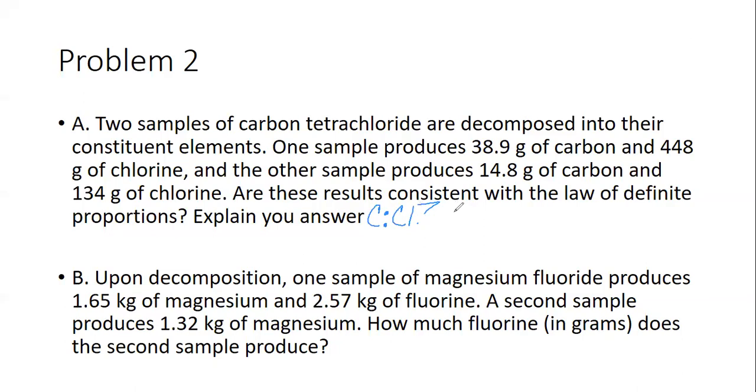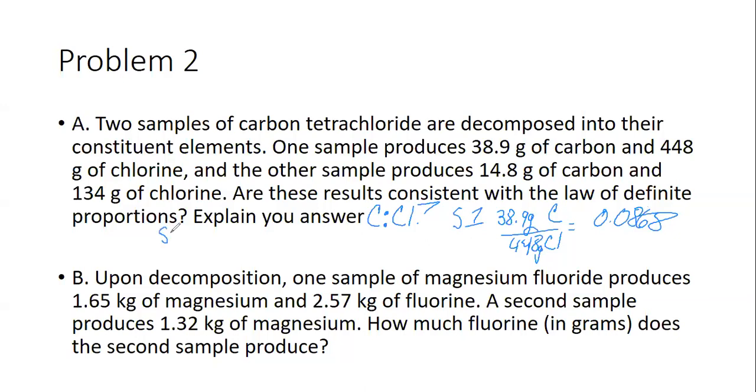In sample 1, which I'm going to call S1, I have 38.9 grams of carbon for 448 grams of chlorine. So I take those 2 numbers and I divide them, and my ratio is 0.0868. Now, if the law of definite proportions is true, my other sample of carbon tetrachloride should have the same ratio. So let's take a look.